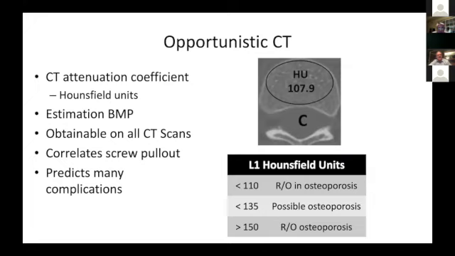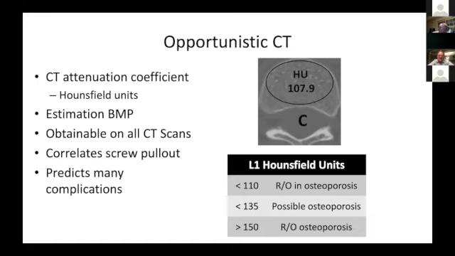The other thing that can be used is opportunistic CT scan. So if there is a chest or abdominal CT, or thoracic or lumbar spine, you can measure what's called the attenuation coefficient. It's a tool in the PACS system. You draw a circle and you get the mean Hounsfield unit.